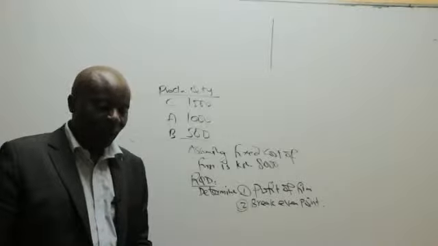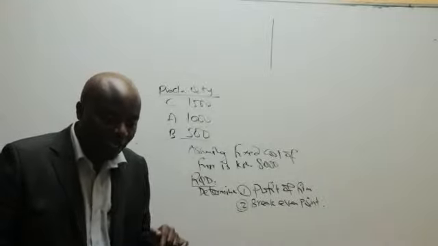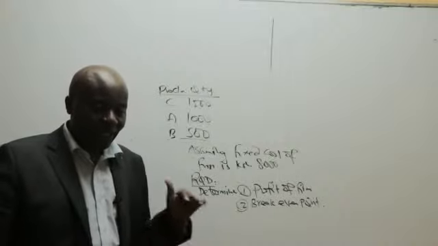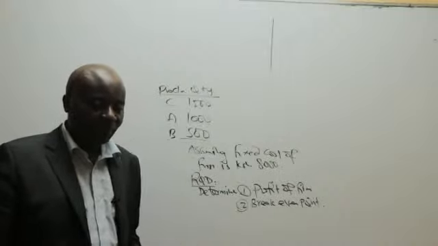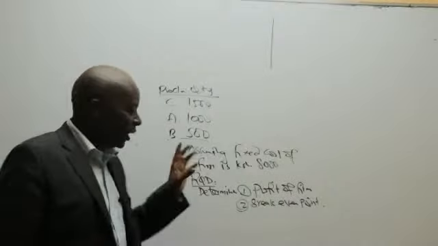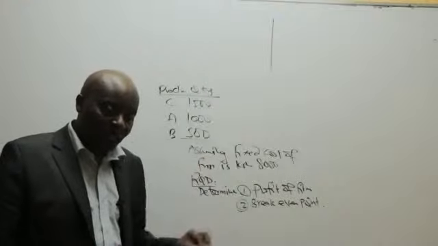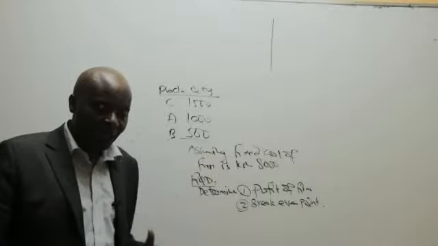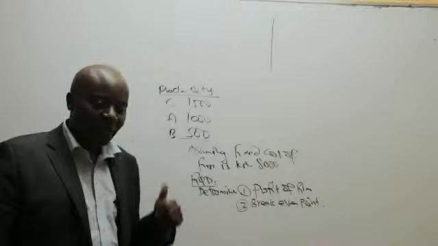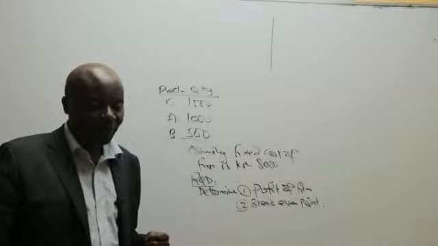Is there a student who has been able to see a question with a limiting factor concept in the revision kit and shared it with us on WhatsApp? Do we have any other student who has taken a snapshot of this question and shared it with us? Akaru is saying it doesn't matter whether your handwriting is very poor, so long as it's legible.